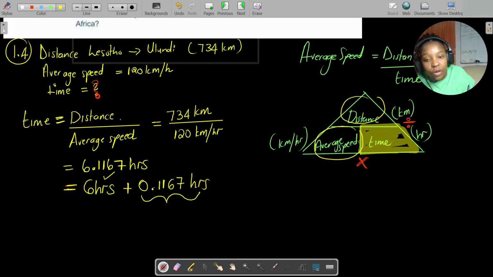So how do you convert hours to minutes? We know that 1 hour is equal to 60 minutes. So to convert that 0.1167, I take 0.1167 hours multiplied by what we want.